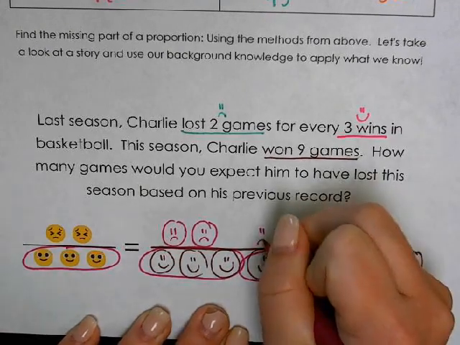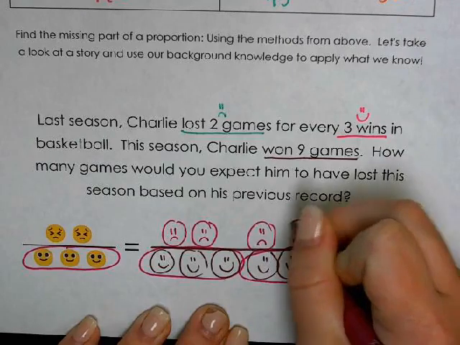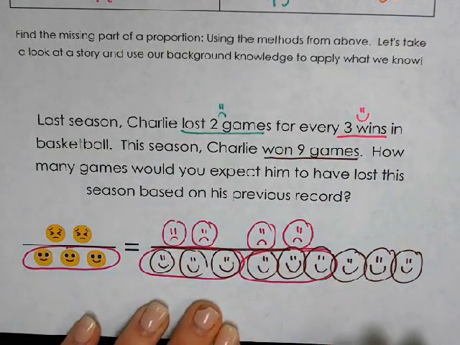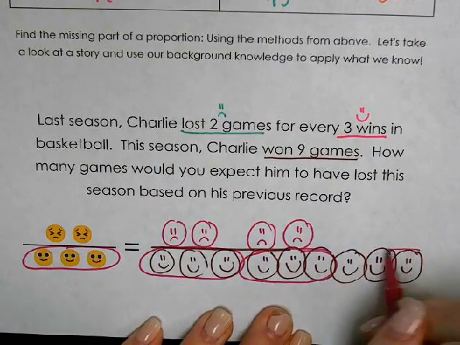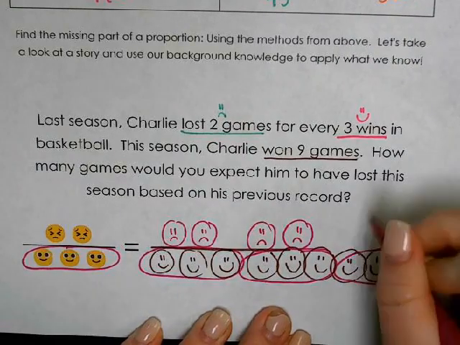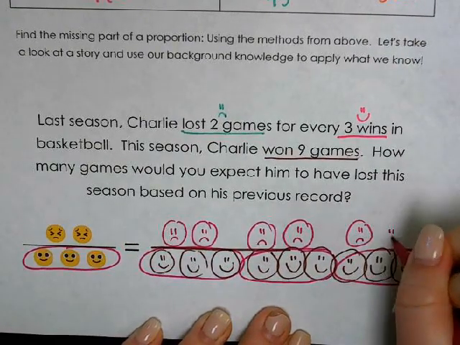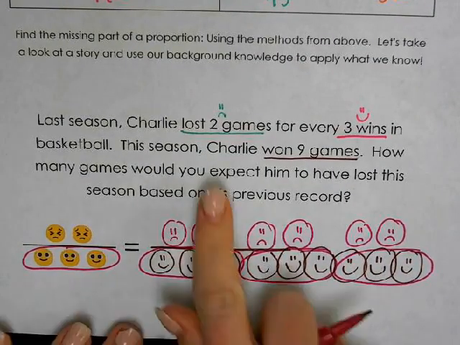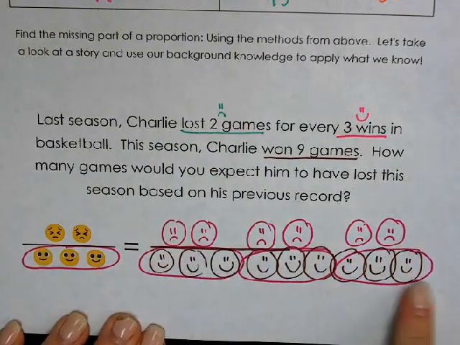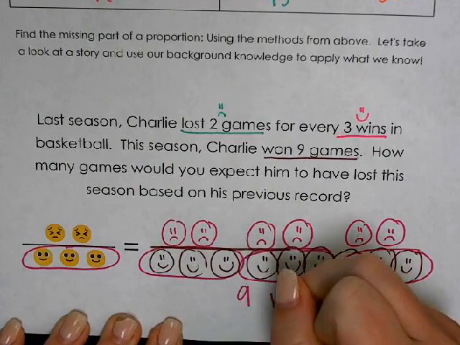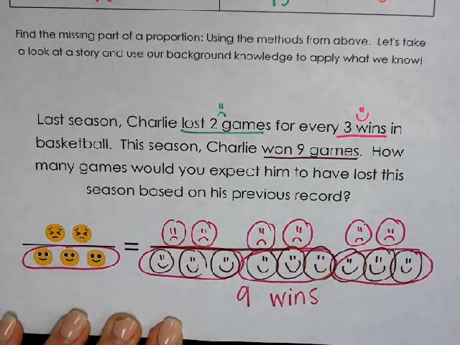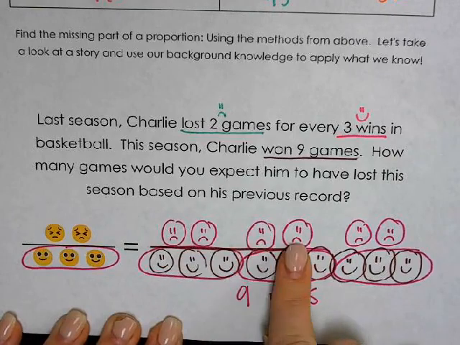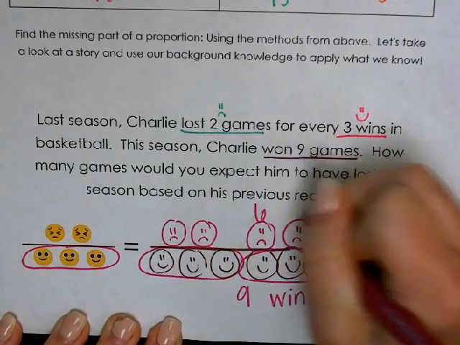Again, another 2 sad faces. And then if you'll notice, we have one last group of 3 smiley faces, which means I have 2 sad faces. I would expect for Charlie, when he won his 9 wins, to have 1, 2, 3, 4, 5, 6 lost.